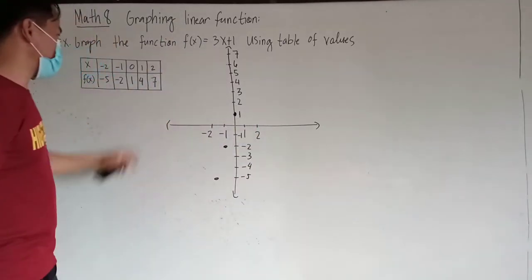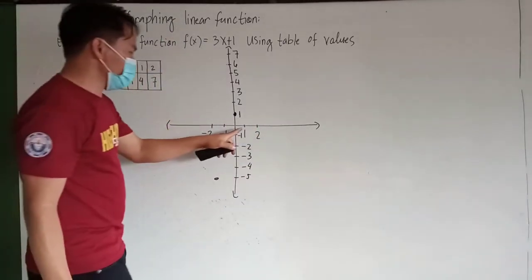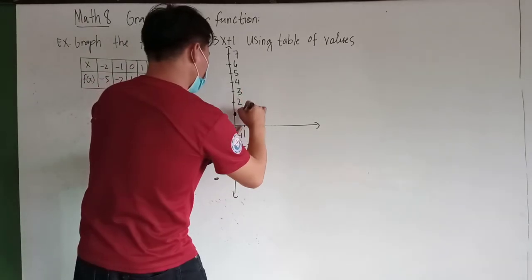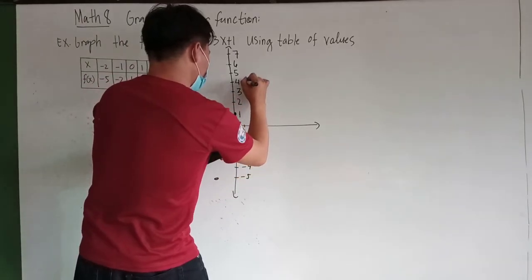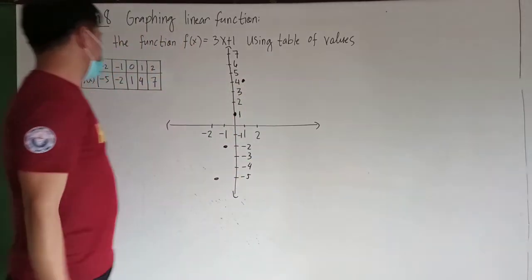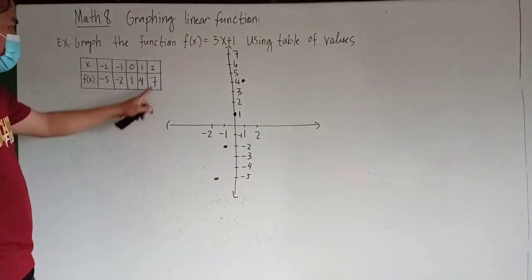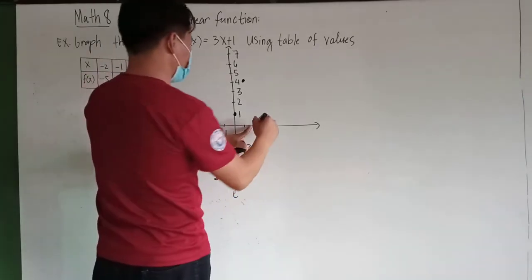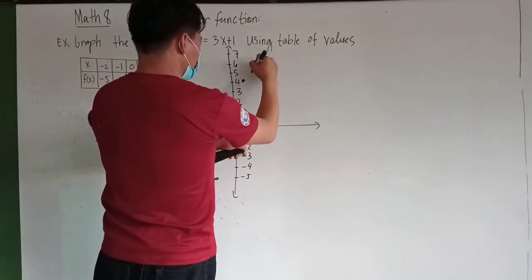Next, followed by (1, 4): 1 is x, then 4 is y. Next to that, we have (2, 7): 2 is x, then 7 is y.